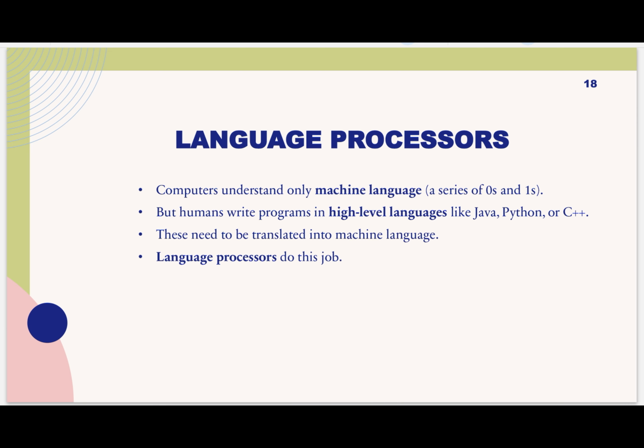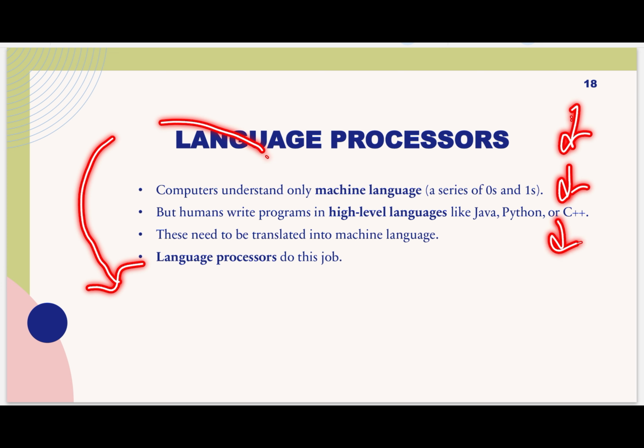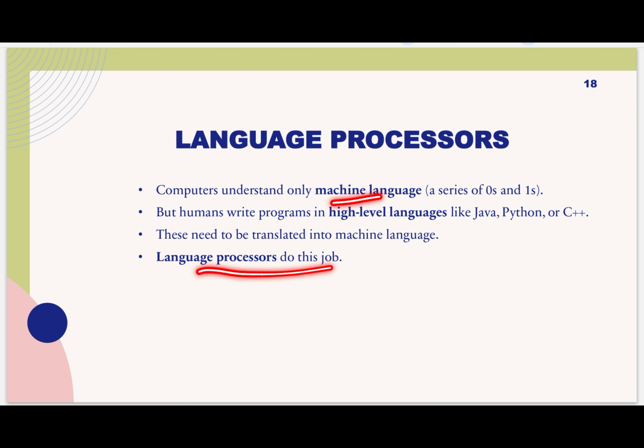So first we type in English, Hindi, Marathi or in these languages. These languages are converted step by step, not directly, into machine language. And this language the computer understands, meaning the language processor is working as a translator between whom?